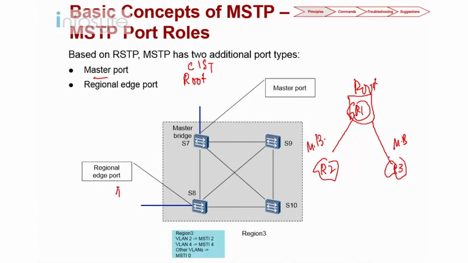And on the master bridge, the port here, we call this a master port. Now, between region 2 and region 3, this port, we call this a regional H port. Alright, so this is the regional H port. Now, these are the two new port statuses when we configure multiple regions in the MSTP.